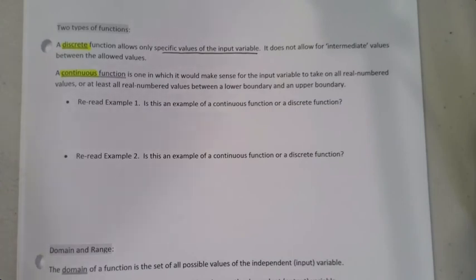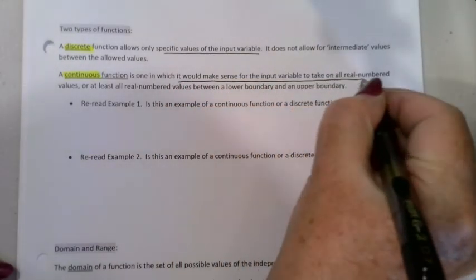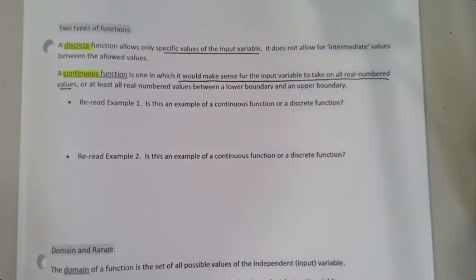It wouldn't make sense to talk about intermediate values between the allowed values. In a continuous function, it would make sense for input values to take on all real numbered values, intermediate values, or at least those between some lower or upper boundary.